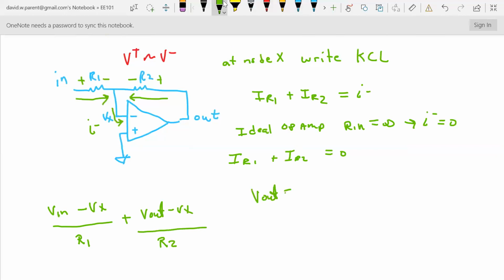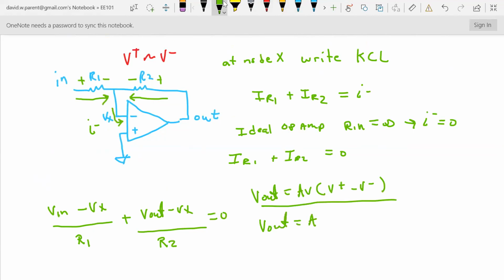V out is a behavioral voltage source, so you don't need a nodal equation here. You just need to know what your behavioral voltage source is. So what does V out equal?